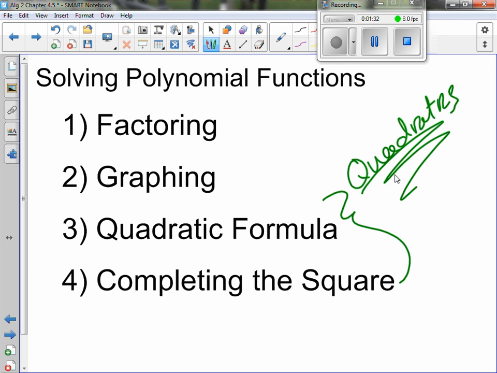Yes, but I would refrain from doing it because the process gets a little bit complicated and a little bit hairy very fast. So I would use these once I get it into a quadratic. If I'm trying to solve a quadratic, I'll use the quadratic formula or completing the square. I'd actually use the quadratic formula first. But these are our four main ways we know how to solve these higher degree polynomial functions.